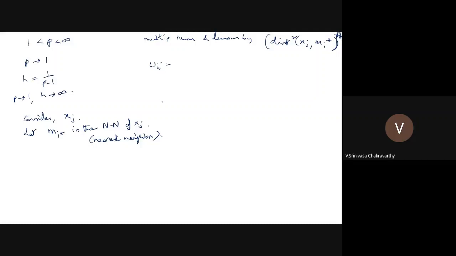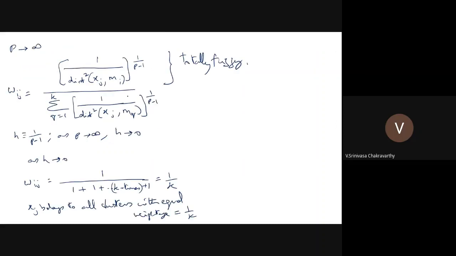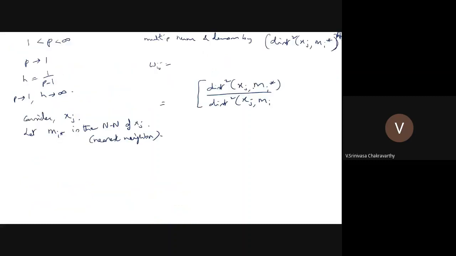If you do that, in the numerator you will have distance square xj mi star by distance square xj mi, because the normal expression is this. I'm just multiplying numerator and denominator by this, because for a given data point xj there is a certain nearest neighbor centroid, which happens to be, let us say, mi star. So I'm multiplying numerator and denominator by the distance square.